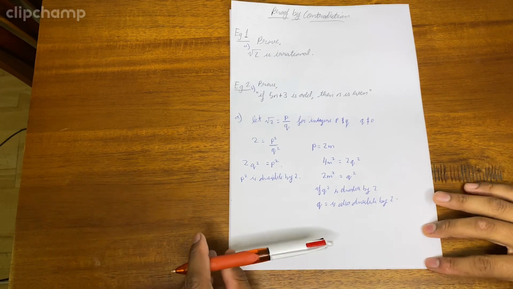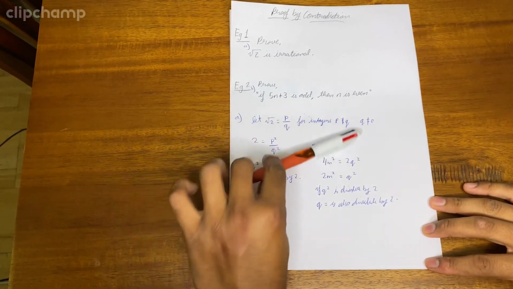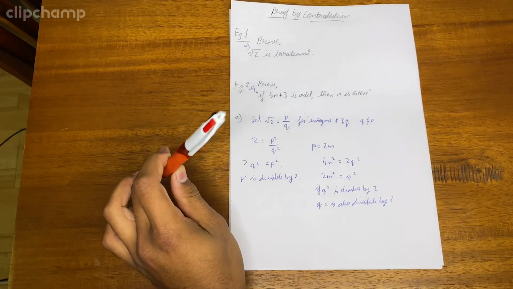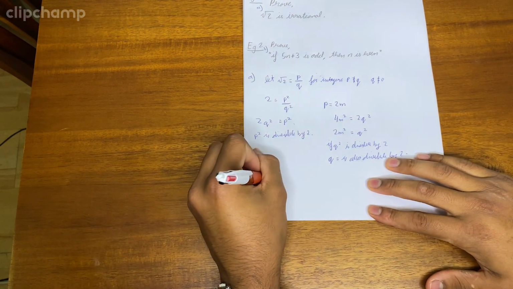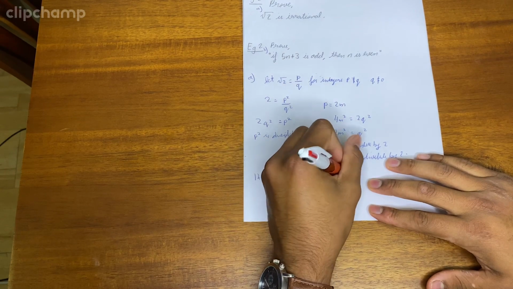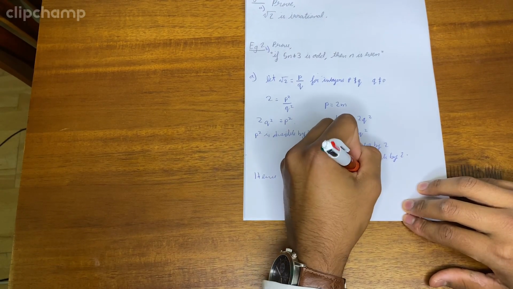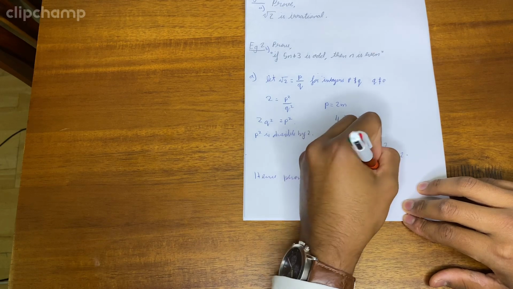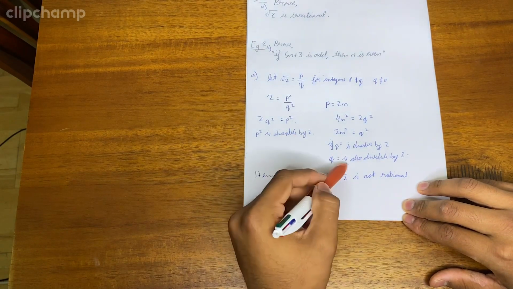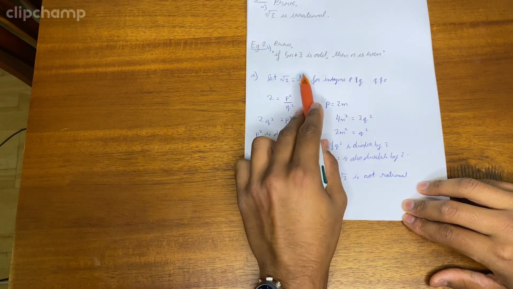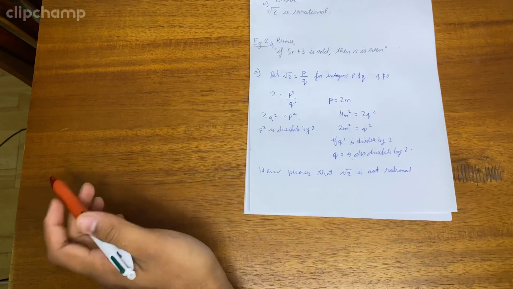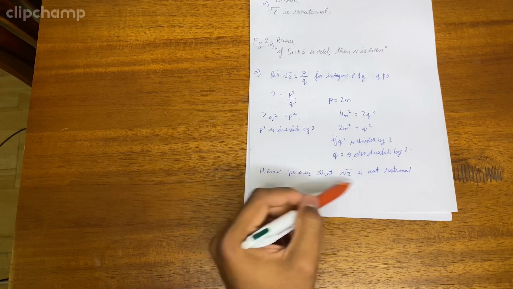This gives us a contradiction to the initial assumption that we made, that p and q have no common factors other than 1. Because p and q both have factors of 2, but our original assumption was that p and q have only factors of 1, the assumption is false.